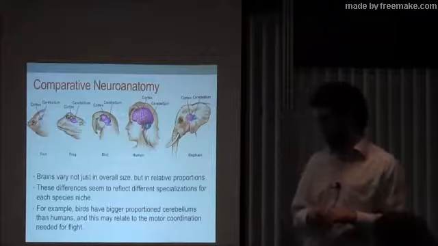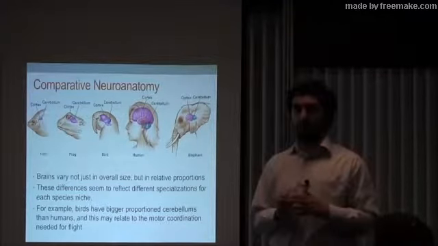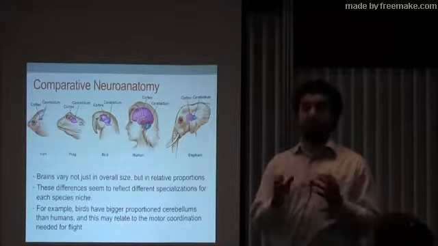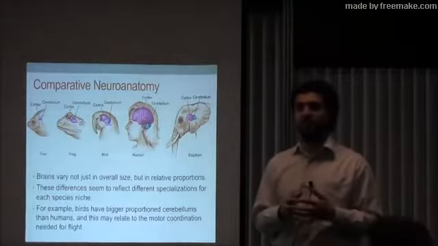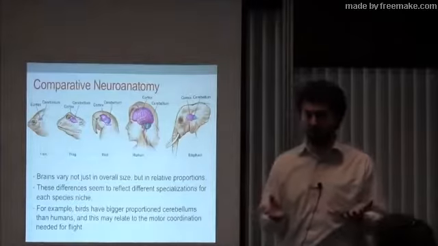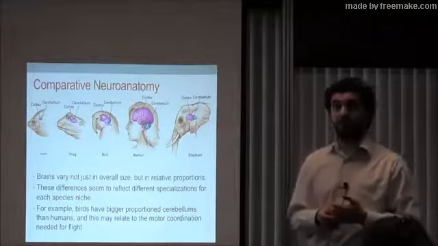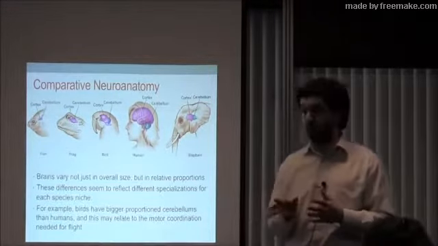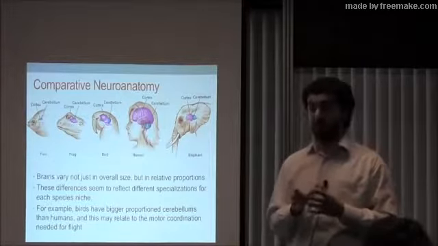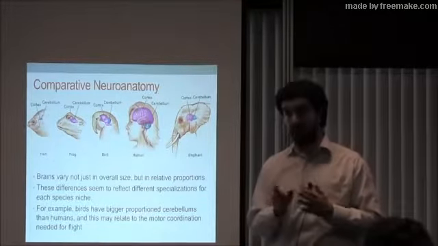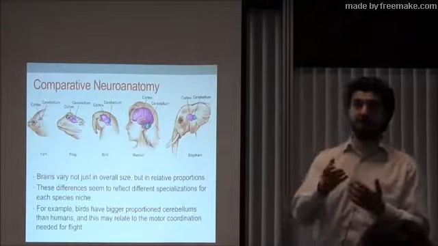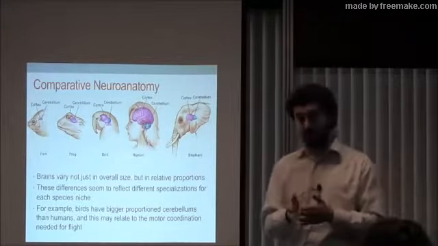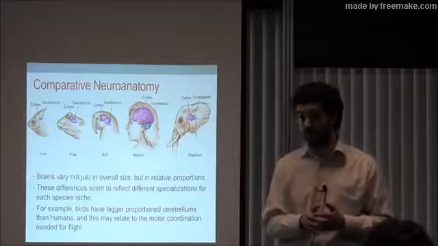Another example is that birds in general have a larger cerebellum than humans. If you think about the functional specialization of birds, what do they do? They fly, right? So in order to be able to fly, balance and coordinate movements, which is very important for birds to survive, they have larger proportions in the cerebellar area rather than higher cognitive function, because this is important for their well-being, right?